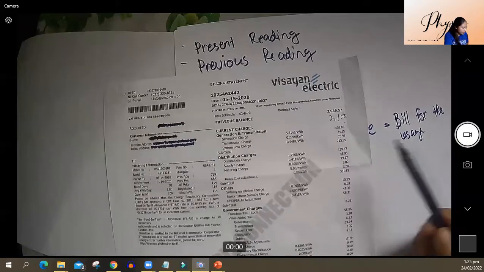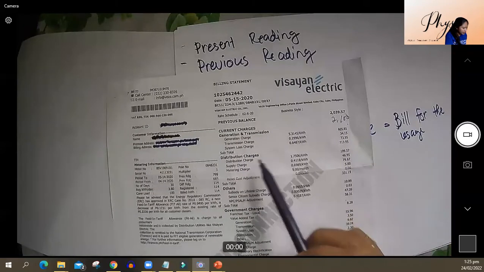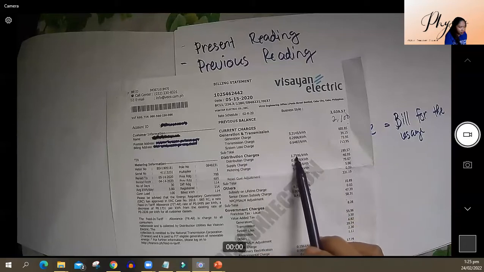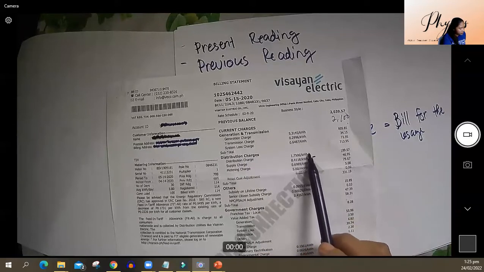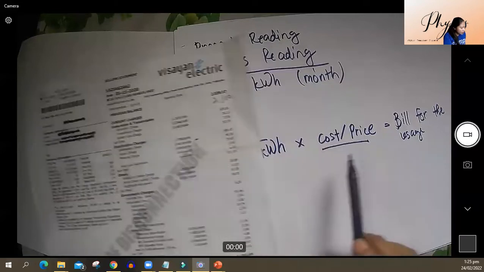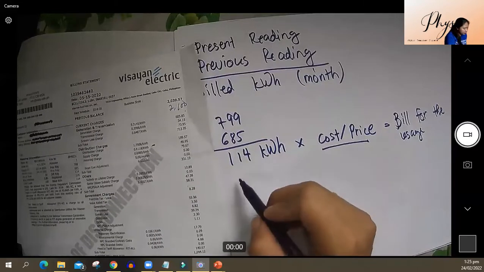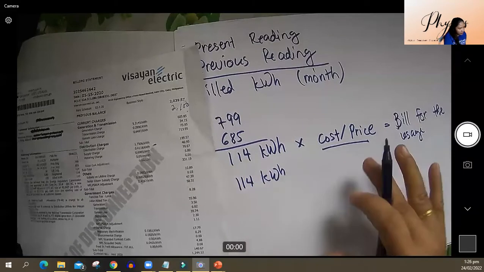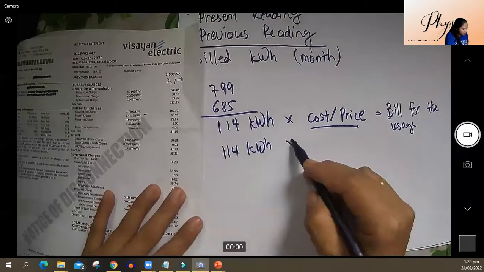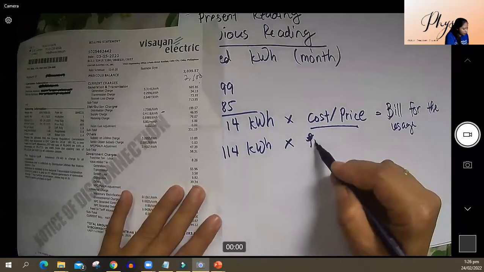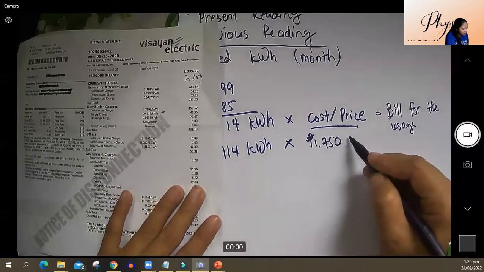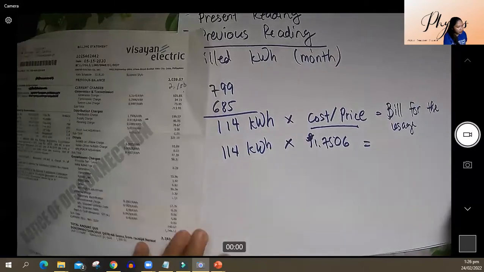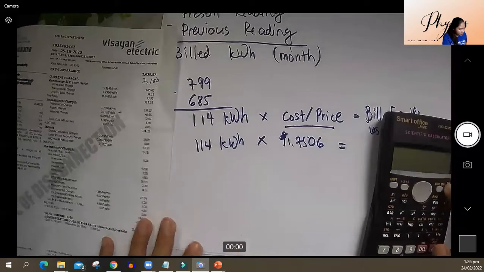You have to go back to the electric bill, and you see here distribution charge is 1.7506 per kilowatt hour. You can use this information, multiply that to 114 kilowatt hour. So 114 kilowatt hour times 1.7506. Okay, so we can use our calculator for this one.